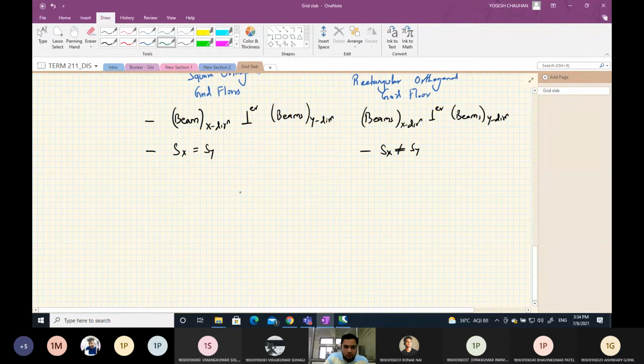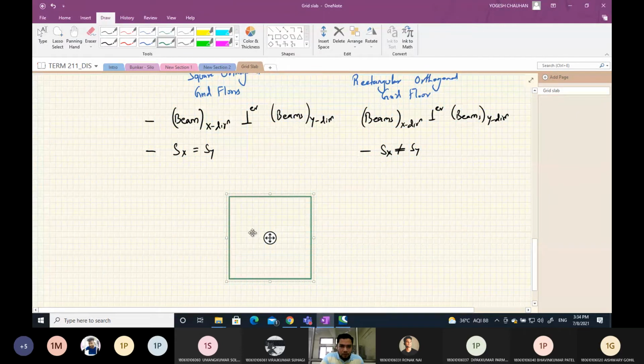Say for example, this is any floor area. In this, the beams are connected diagonally.